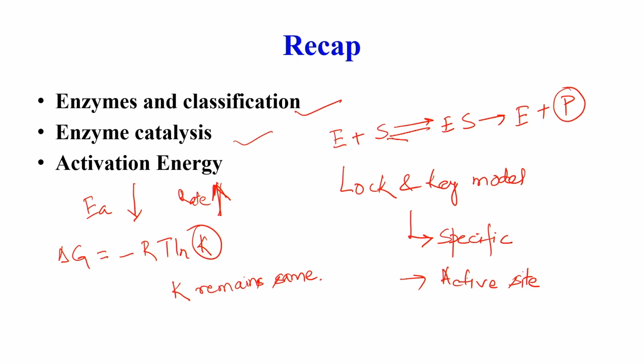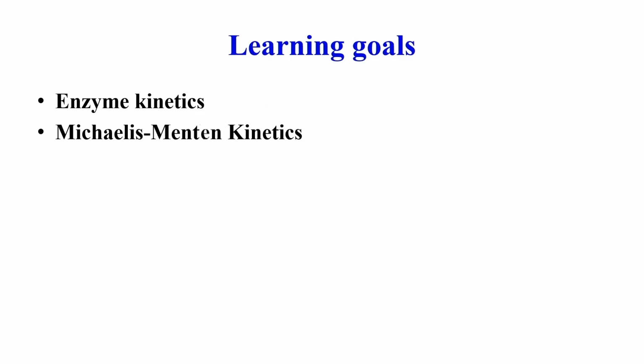To proceed further, today we will be discussing the very basics of enzyme kinetics, that is how we can analyze the rate of enzymatic reactions, and then further how the Michaelis-Menten kinetics equation was derived.